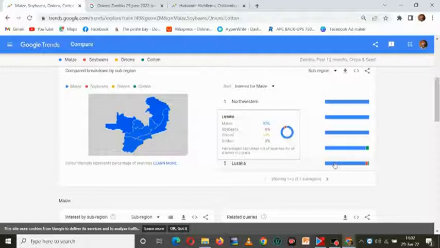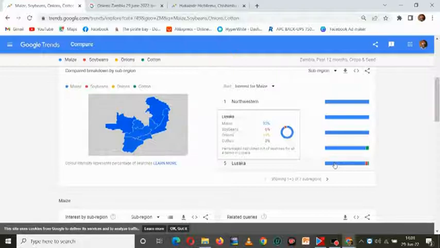Because we always feel in Zambia that most of the agriculture is done in rural Zambia, which is probably Southern Province, Eastern Province, Northern Province, and these other provinces. But what if these people were searching also on Google Trends, just like I'm doing myself now, just to see where this is grown? That could be one of the reasons.